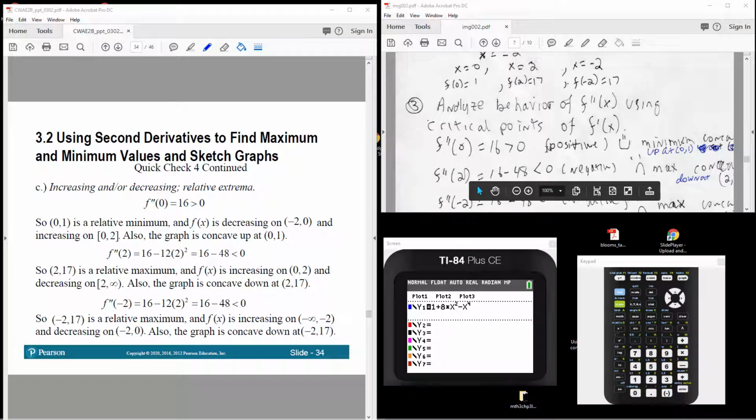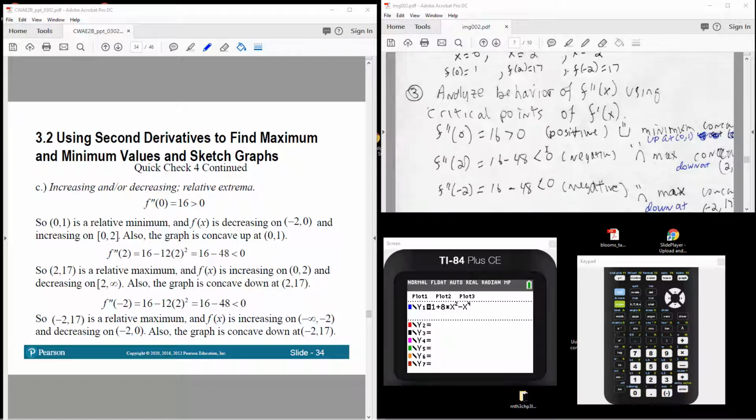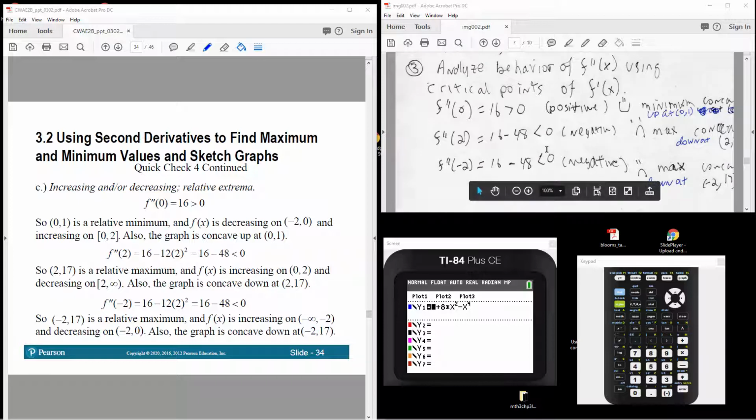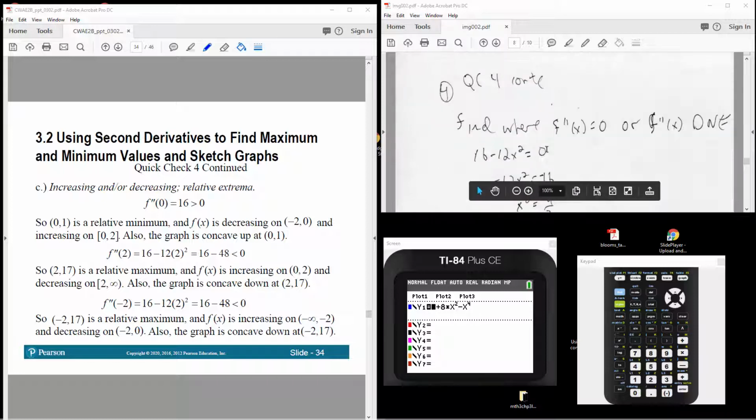I have a maximum. Next one I put in negative 2. It gives me a number less than 0. So that's negative. I have a maximum there. It's concave down. So positive, negative, negative.